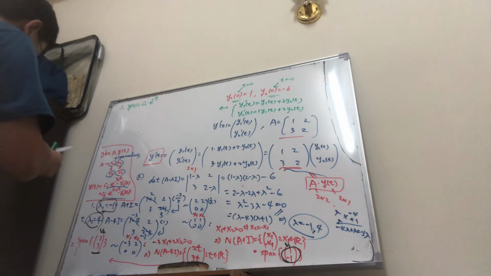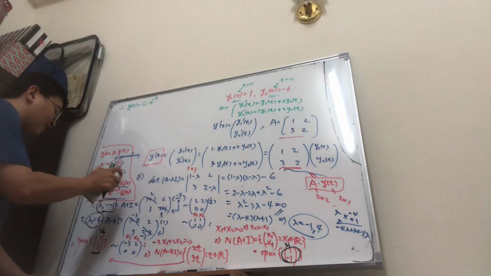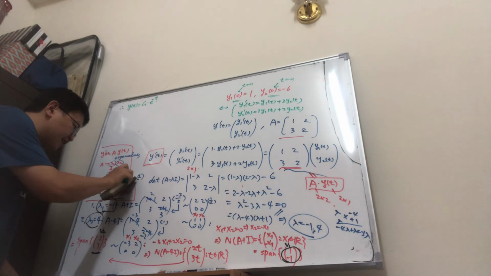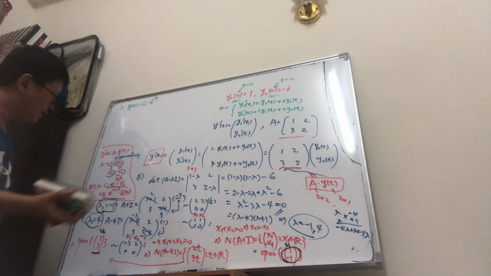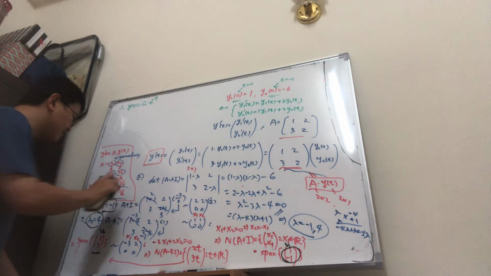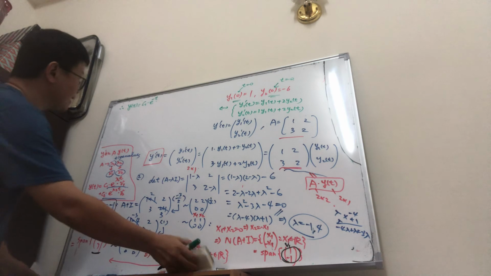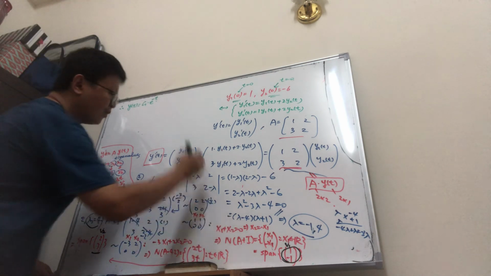Oh, sorry, there is one thing I should correct. The eigenvector v1 is not a function of t. Here the function is about t, but the eigenvector v1 is just a vector. So the eigenvector v1 is this one, 1, negative 1.